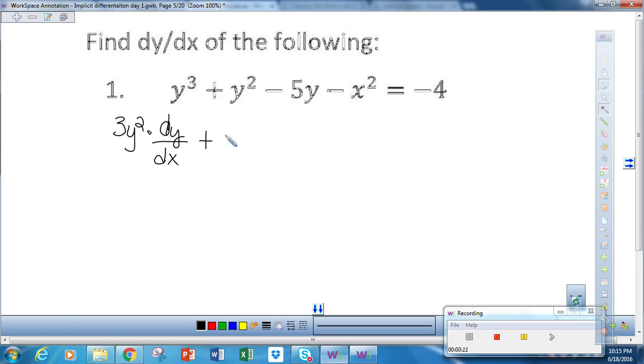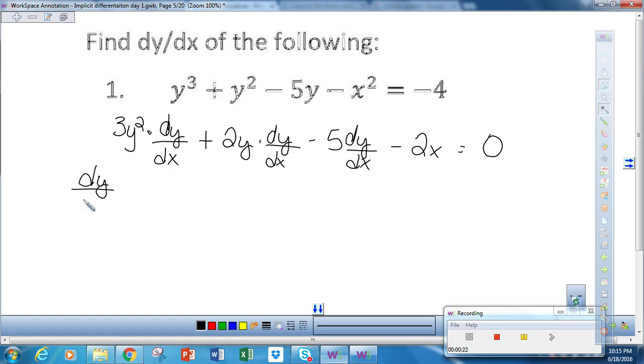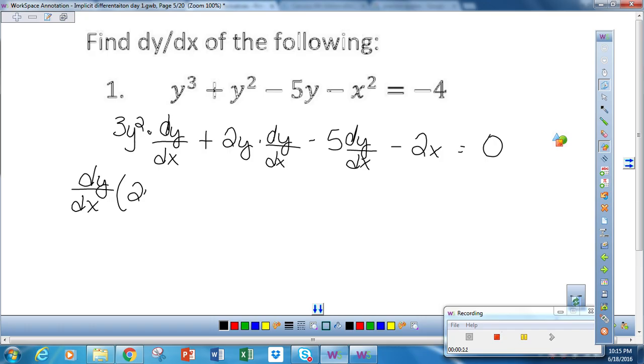Plus, we use the power rule. And then we take the derivative of y itself. And this will just be dy/dx minus 2x. And remember, the derivative of a constant is 0. Then we can combine steps here. I'm going to factor out dy/dx.